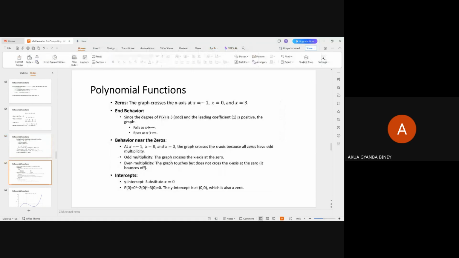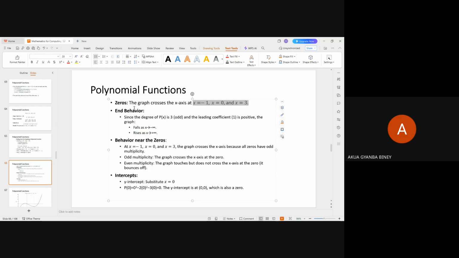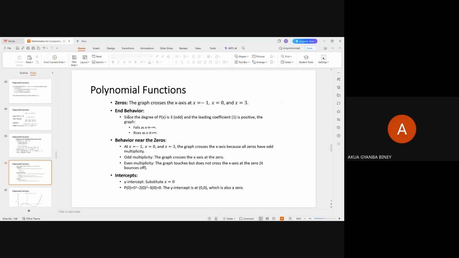There are some rules attached. After finding our zeros, those zeros are telling you that the graph crosses the x-axis at these points. And end behavior is telling you what the graph does towards the ends.